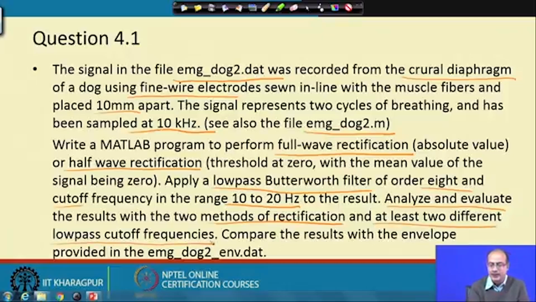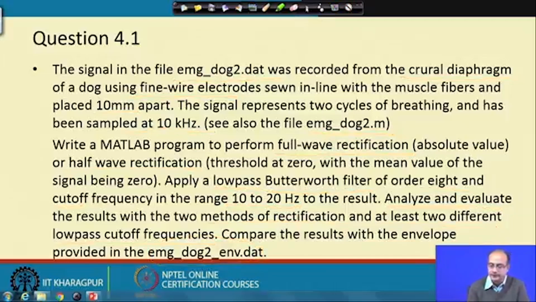That means the impact of the choice of rectification algorithm and the choice of the cutoff. To compare the result, the envelope is also given. It is a hand-drawn signal showing what the envelope should look like.